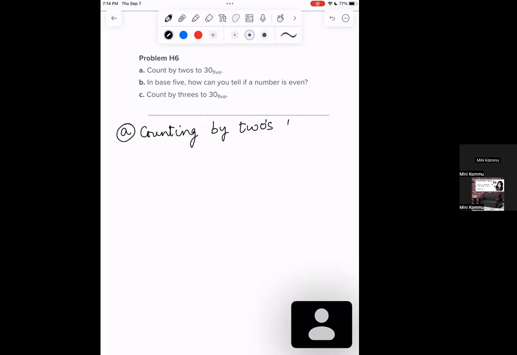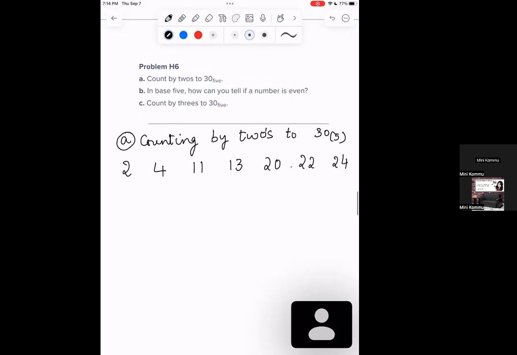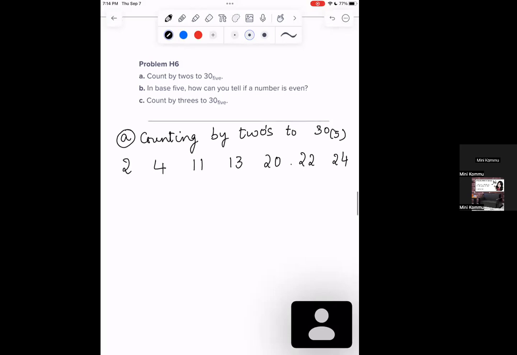First you'll have 2, and then you'll have 4, 11, 13, 20, 22, 24. What did I do? Every fifth number, I changed it to 10, and then I progressed from there. All right.